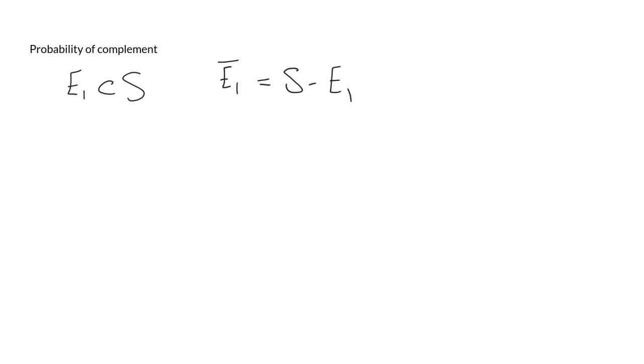This is again an event, because this is a set of outcomes that is a subset of S. E1 bar is also a subset of S, and therefore is a new event. And let's compute its probability.